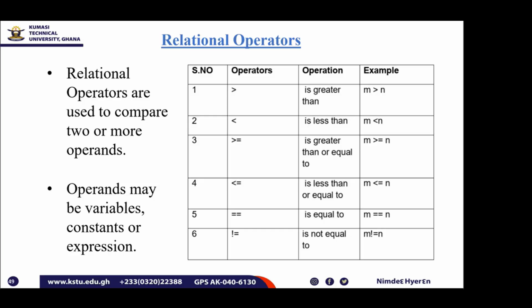Similarly, we can have less than or equal to. Then if we want to say two operands are equal to each other, we use two equal signs to show that these two operands are equal. Now, if the operands are not equal to each other and we want to say not equal to, we would have the exclamation mark and the equal sign together to denote that.